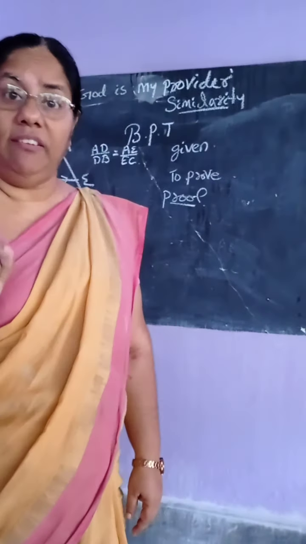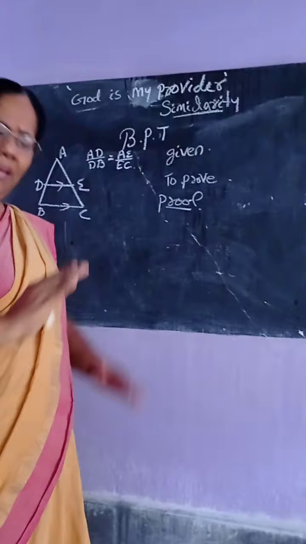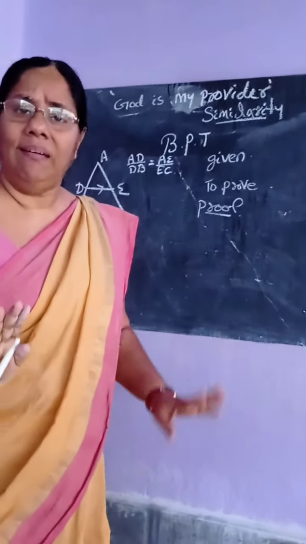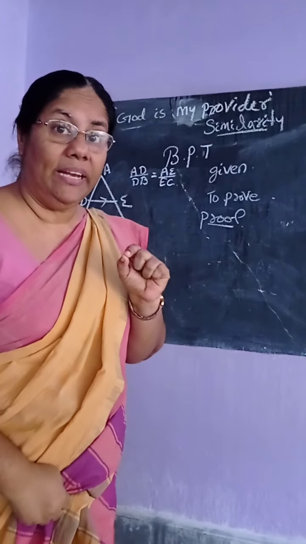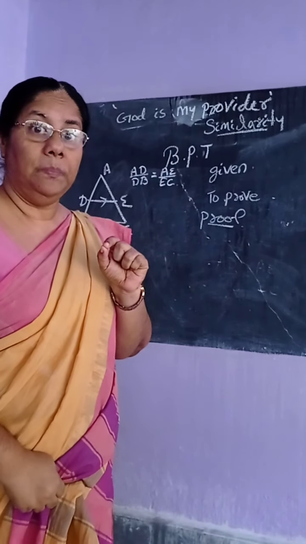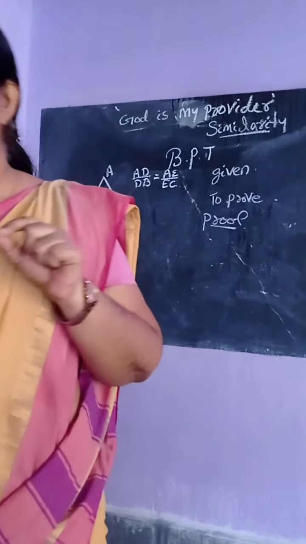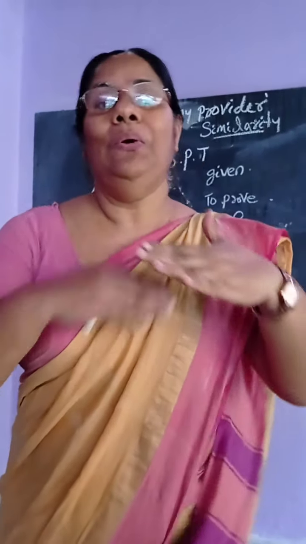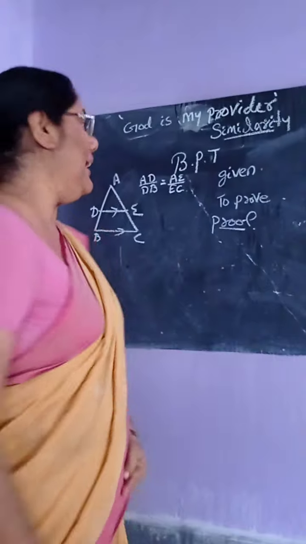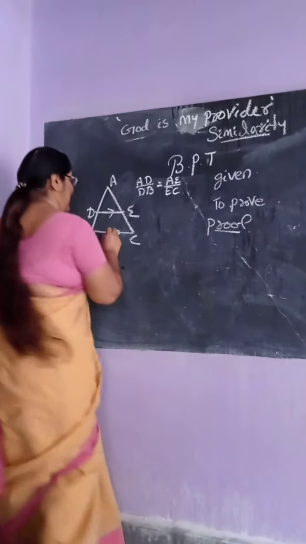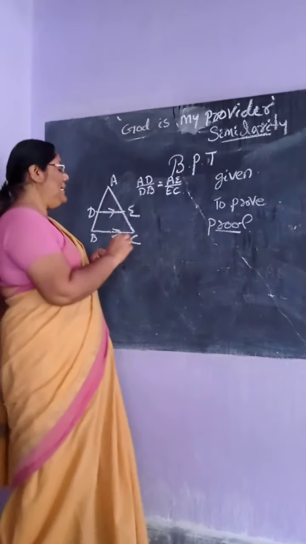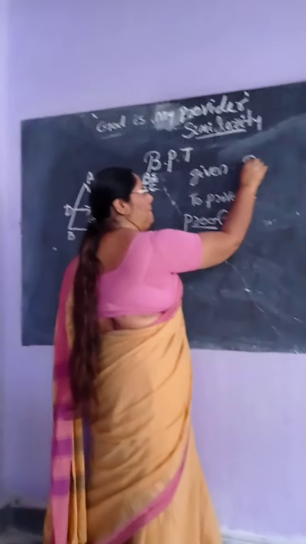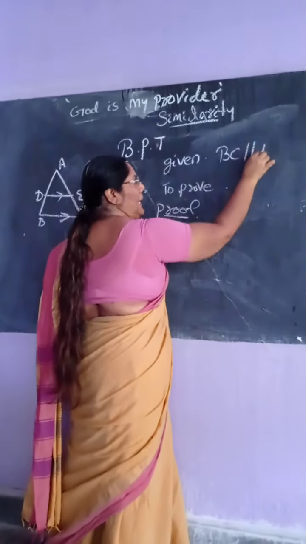What is given in the question? Here we know that ABC is a triangle. But what is the main thing given in the statement? Say this line. A line drawn parallel to one side of a triangle. That parallel is the given point. That means we can take BC parallel to DE.